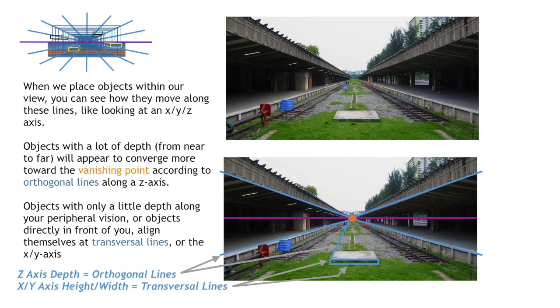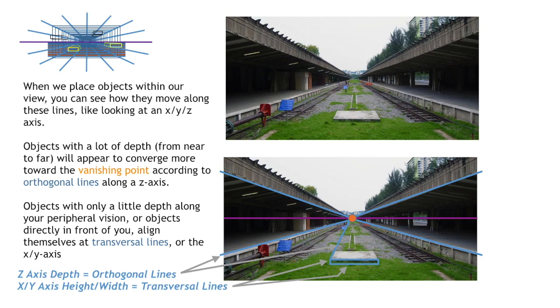And so I've outlined some objects within this photograph. You can see some of them taking the orthogonal lines predominantly, which are the train station lines and the railroad tracks. Those kinds of objects are moving along orthogonal lines. And then you have the railway ties themselves.